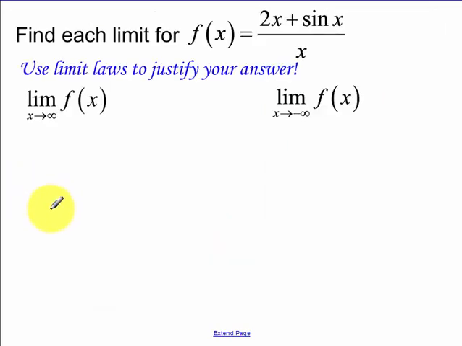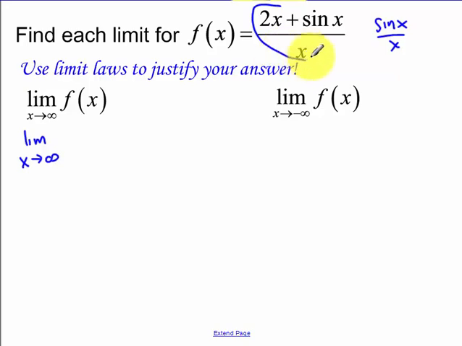So looking at an example with this, finding this limit and using limit laws to justify, so limit as x goes to infinity. Try and manipulate this into sine of x over x.